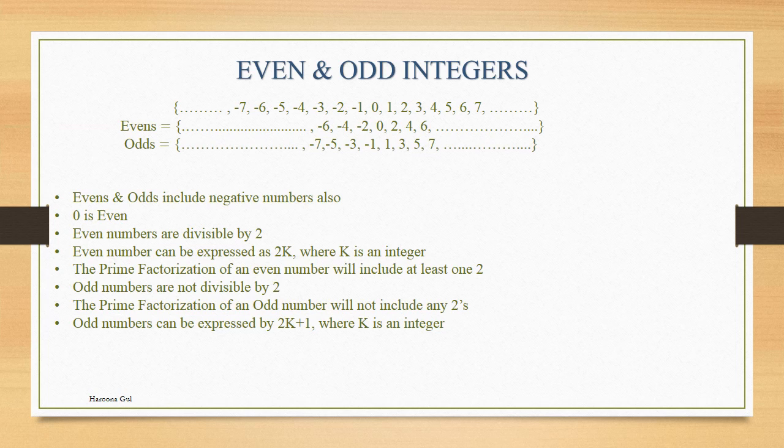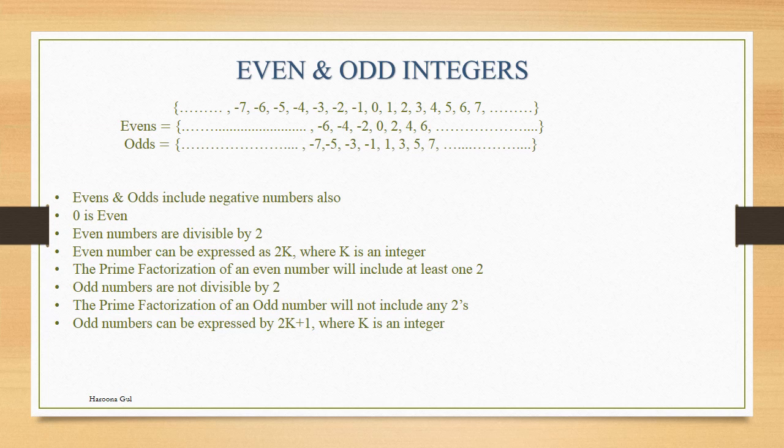The prime factorization of an even number will include at least one 2. For example, 6 is an even number and has 4 factors, that is 1, 2, 3 and 6. That is, 6 has at least one prime factor, that is 2. Odd numbers are not divisible by 2.